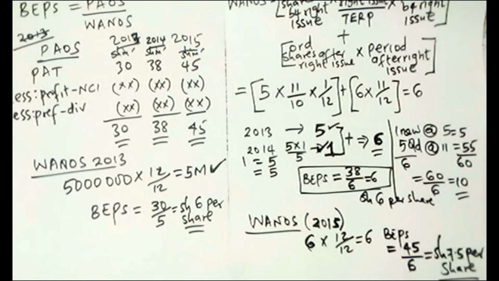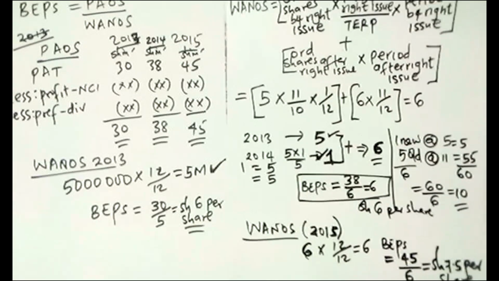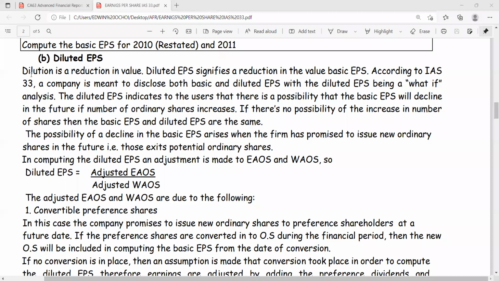Before I move to doing the diluted earnings per share, and we embark on doing more questions on both basic and diluted, I would like to talk a bit about what diluted earnings per share means.